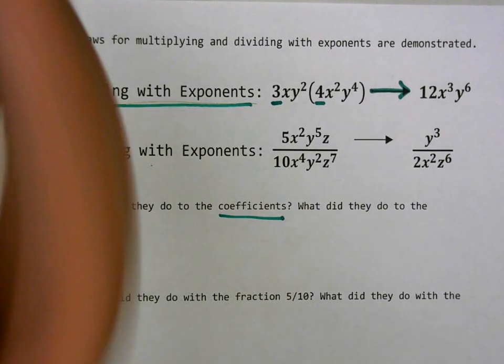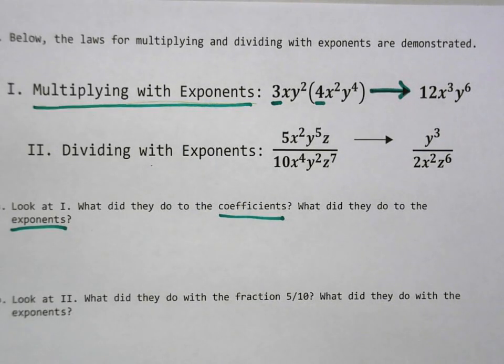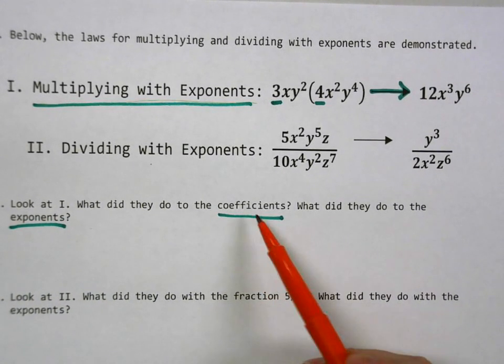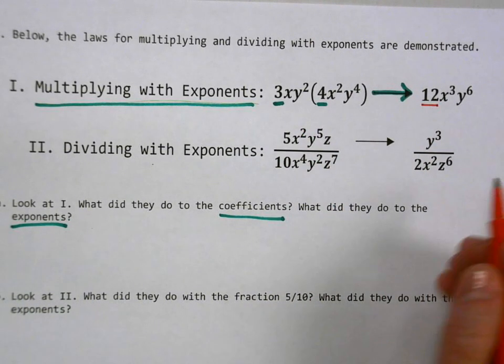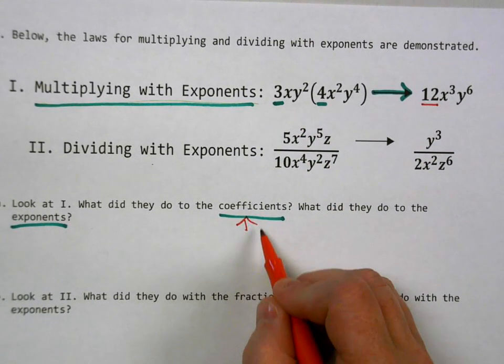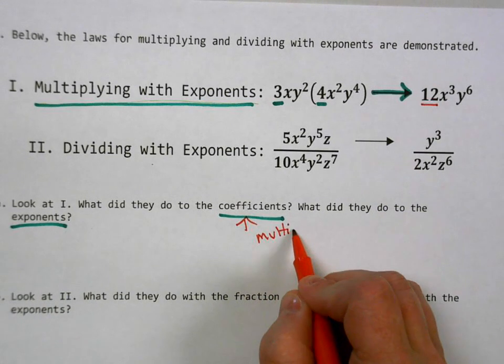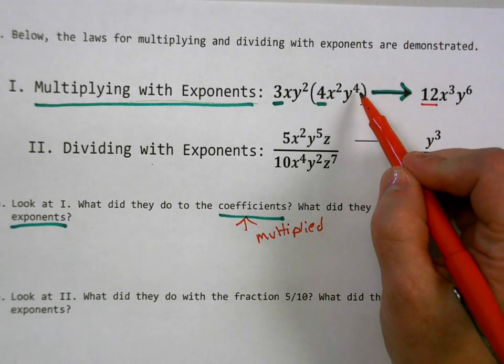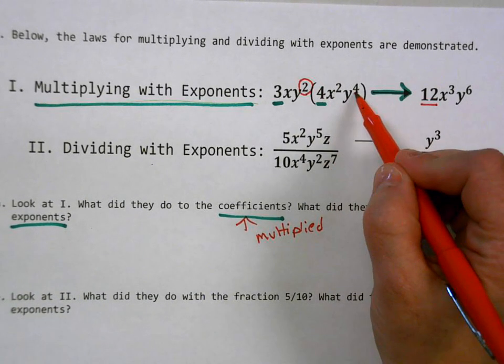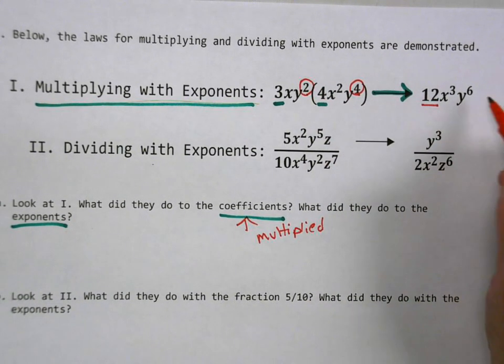As I walked around the room, it looked like you were able to figure out what happened with the coefficients, right? What happened with 2 and 4 to get 12? They multiplied. So the coefficients multiplied. But my exponents, I had a 2 and a 4 on my y.